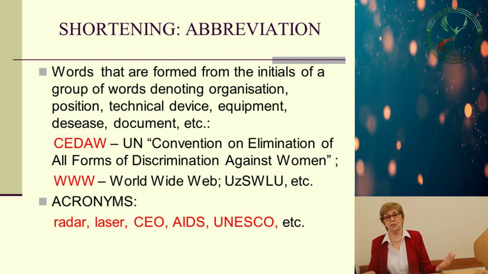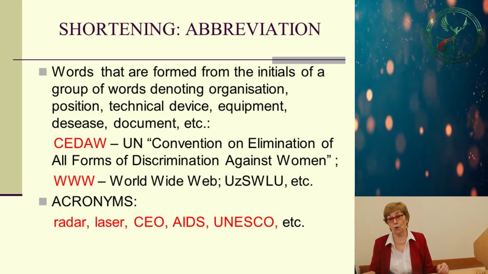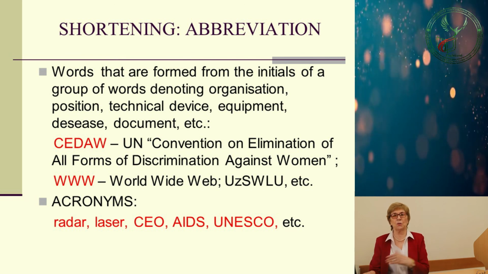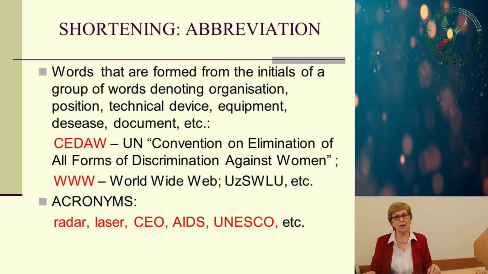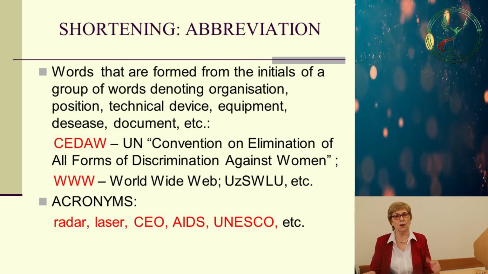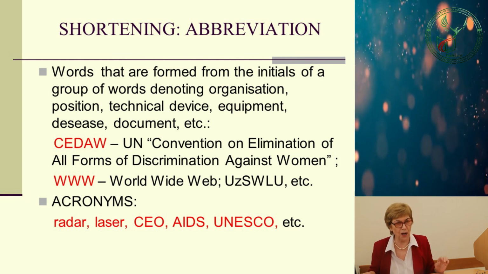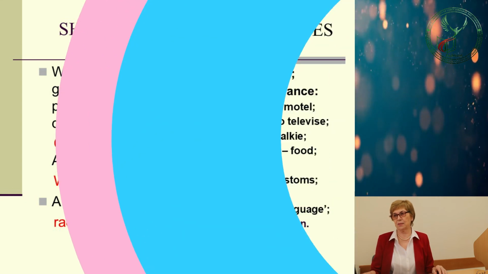But of course, it's much easier to abbreviate it and pronounce the word CEDAW as an acronym. Acronyms normally are abbreviations which are pronounced as normal English words, such words as radar, laser, SEO, AIDS, UNESCO. I'm not going to decipher these words for you now because you will do it as your seminar assignments.